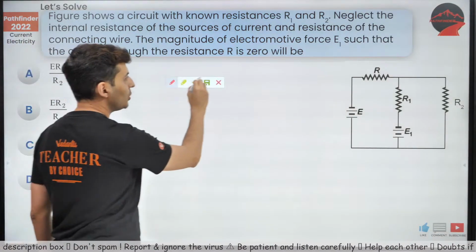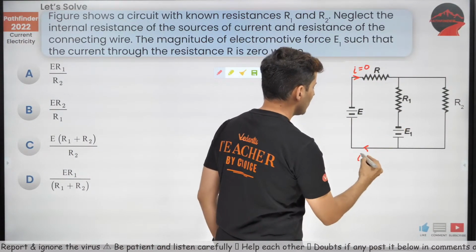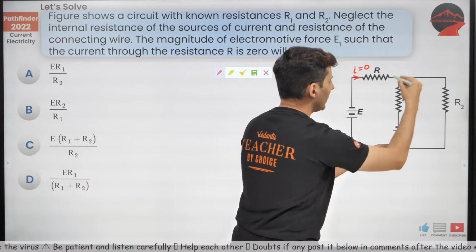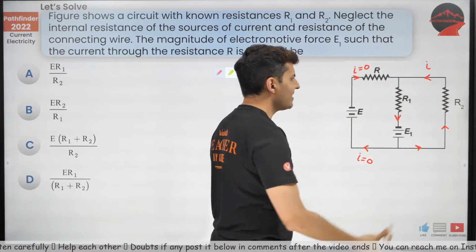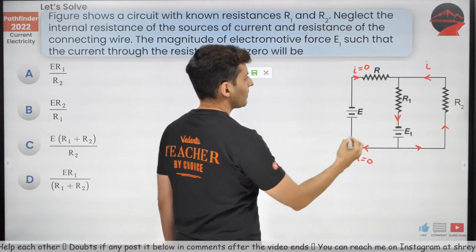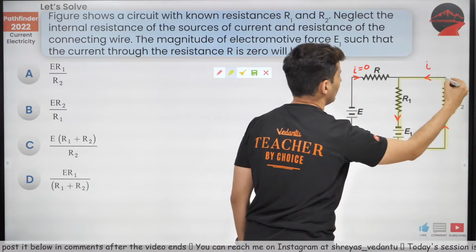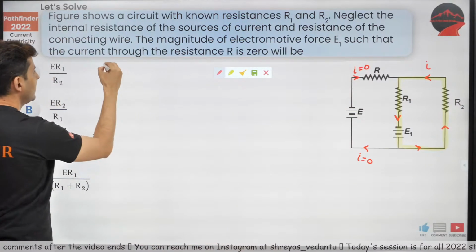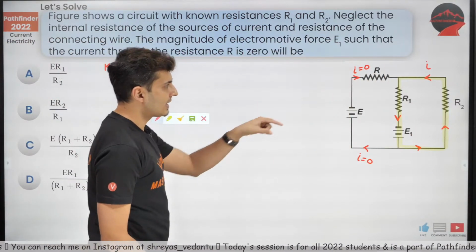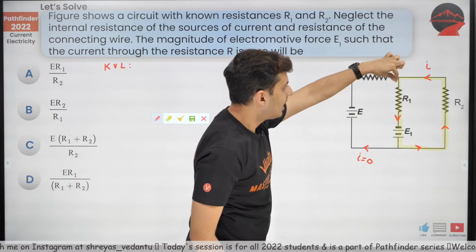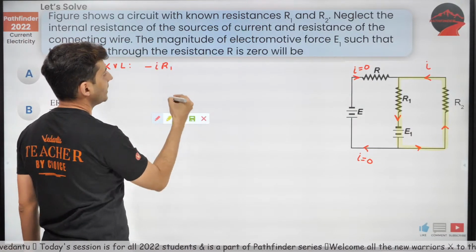Now first of all, let me show over here that the current is 0. That means here also the current is 0. The only current will flow in this branch. So it will flow like this, like this, like this. Let's say it is I. Now let me start from this point and go across this loop, the one which I have shaded. If I apply Kirchhoff's voltage loop law in that loop, I'm going in the direction of current, high to low, a drop: minus I R1.